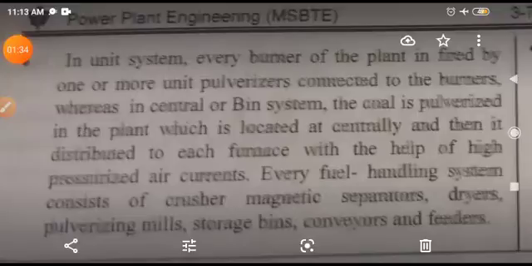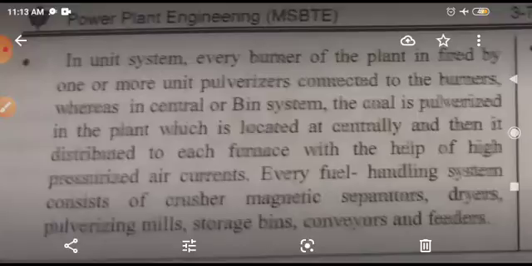In the unit system, every burner of the plant is fired by one or more unit pulverizers connected to the burner, whereas in the central or bin system the coal is pulverized in a plant located centrally, and then it is distributed to each furnace with the help of a high pressure air current.